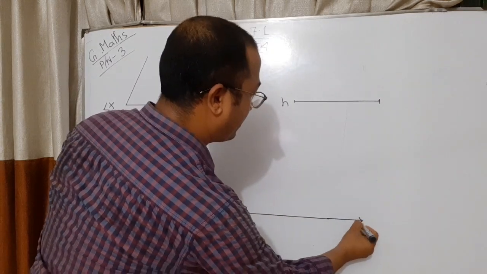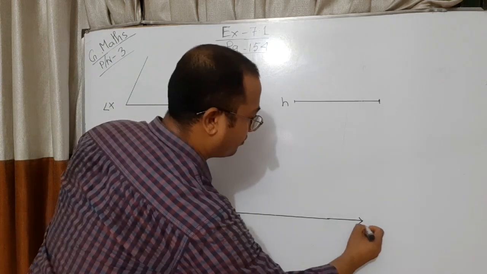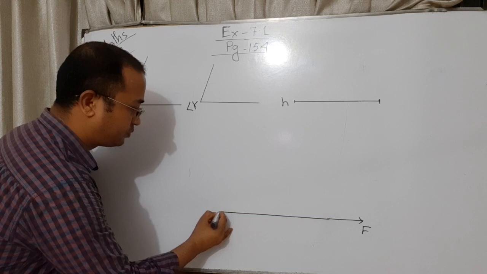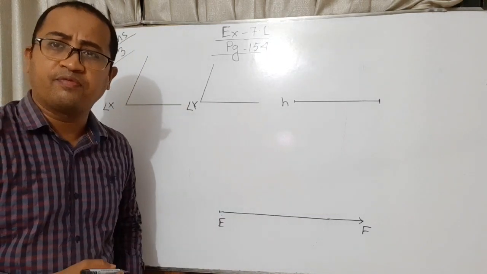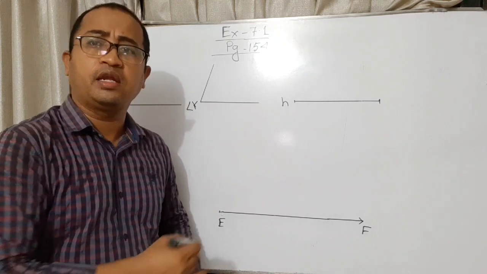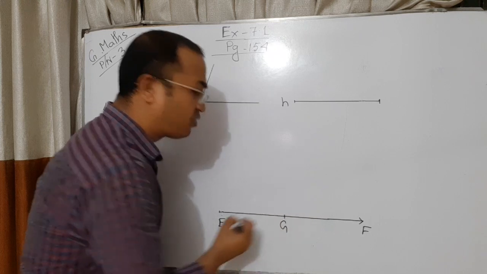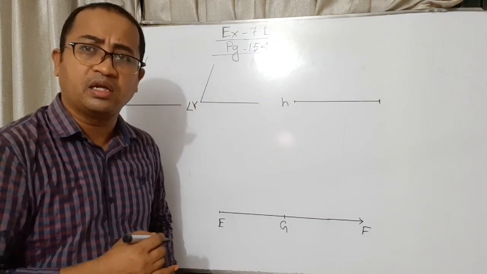We take any ray EF. From the ray EF, we take a point G anywhere. I take a point G almost in the middle. Just choose the point G almost in the middle.